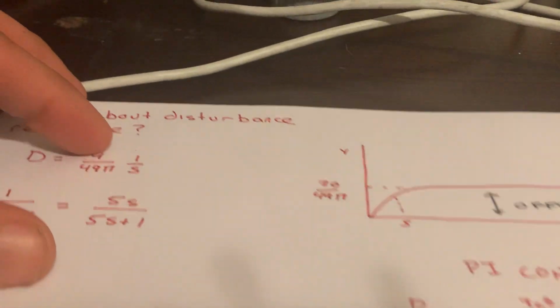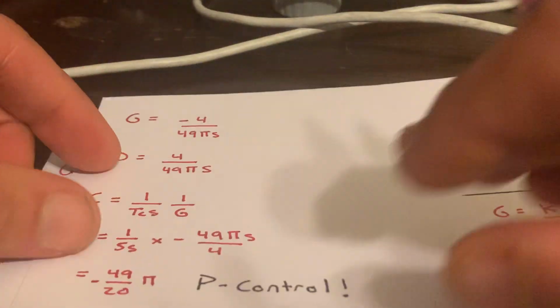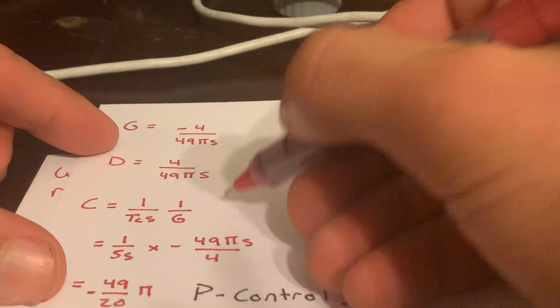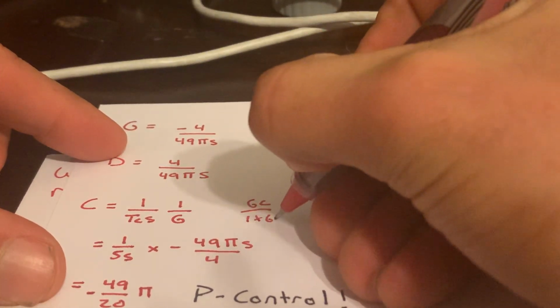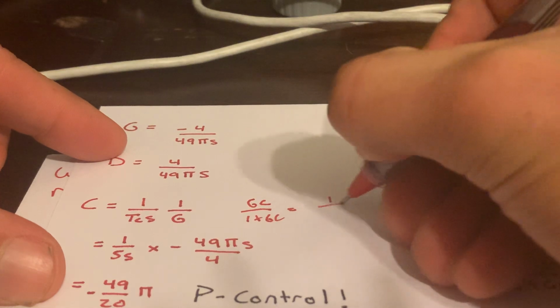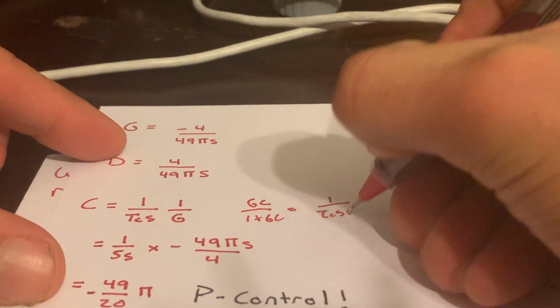But when we did this for P control, using this formula, we're saying that GC over 1 plus GC is equal to 1 over tau C S plus 1.